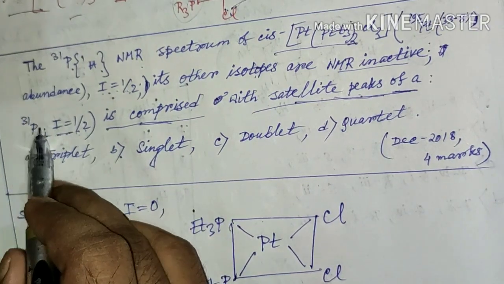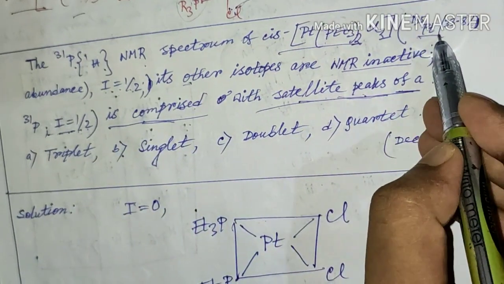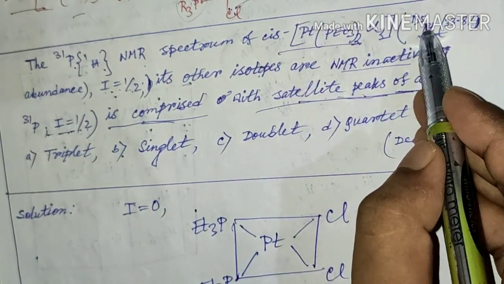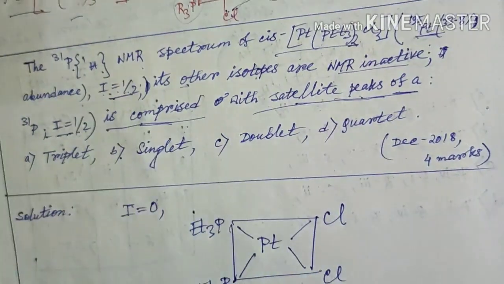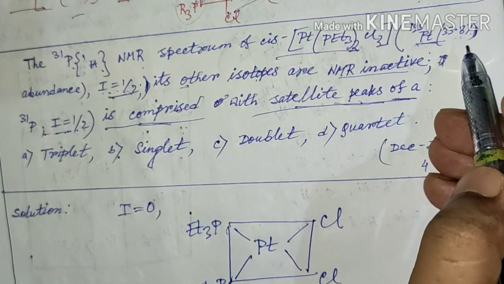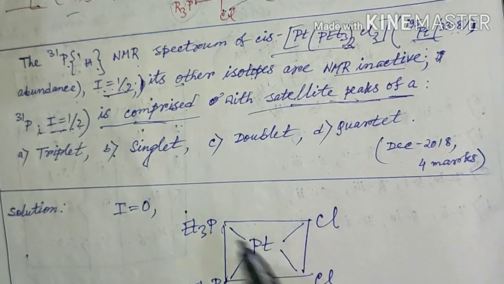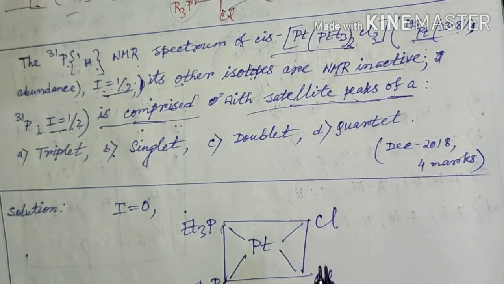That means the 31P nucleus will couple with the 33.8% of platinum 195, for which I is equal to half, and will be split, and the remaining 66.2% will not split the phosphorus nucleus, and for that the phosphorus nucleus will be a singlet.